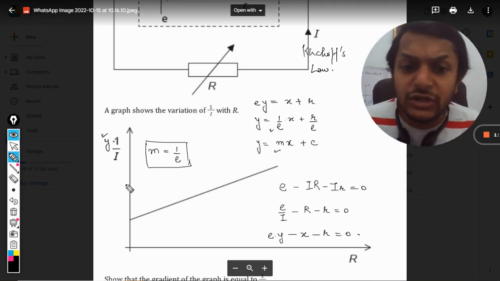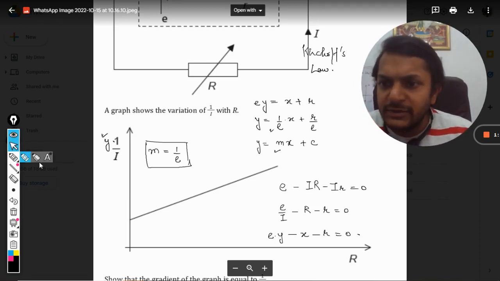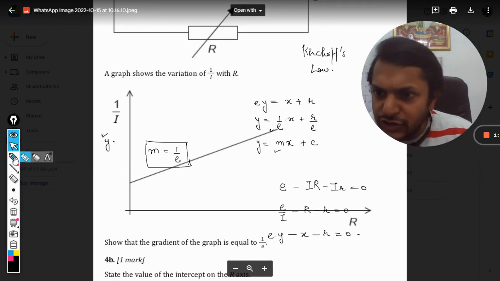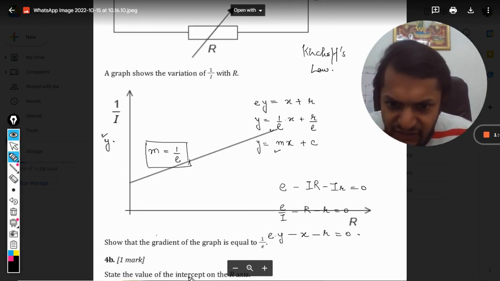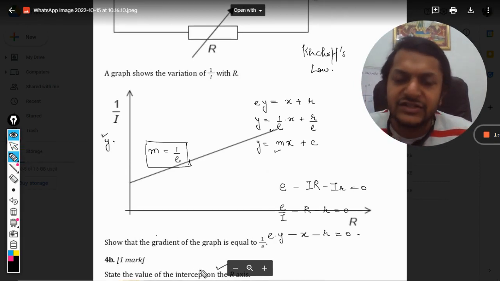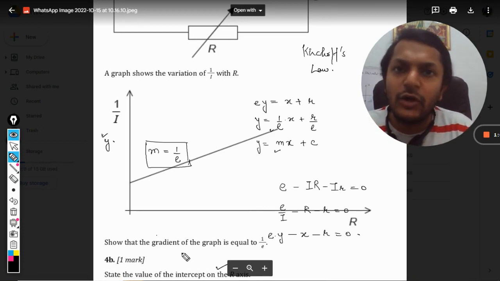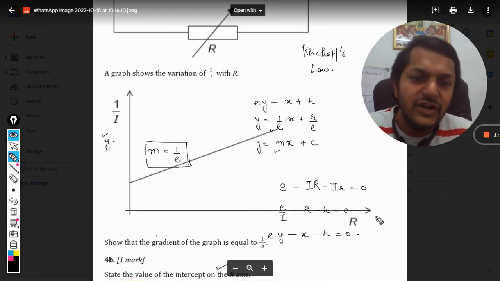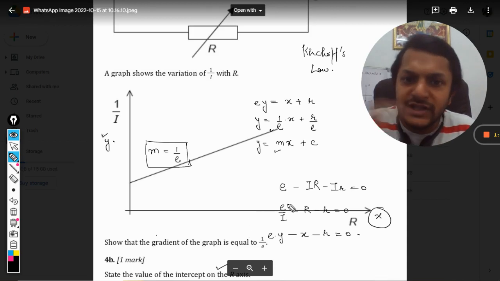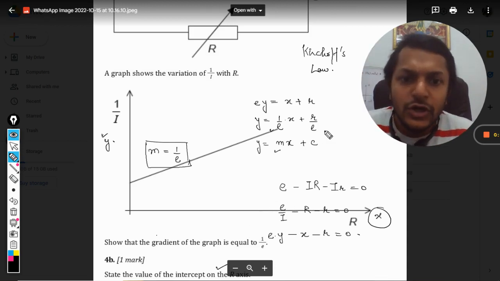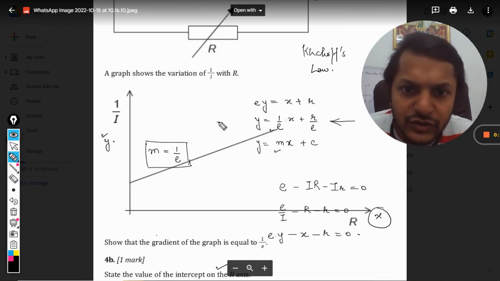Now, there is a question about the intercept also. Let me see the question first of all. The question is: state the value of the intercept on the R axis. So we have to find the value of the intercept on the R axis, which is the x-axis. On the x-axis, y will be 0. So in this equation, we are going to substitute the value of y as 0.